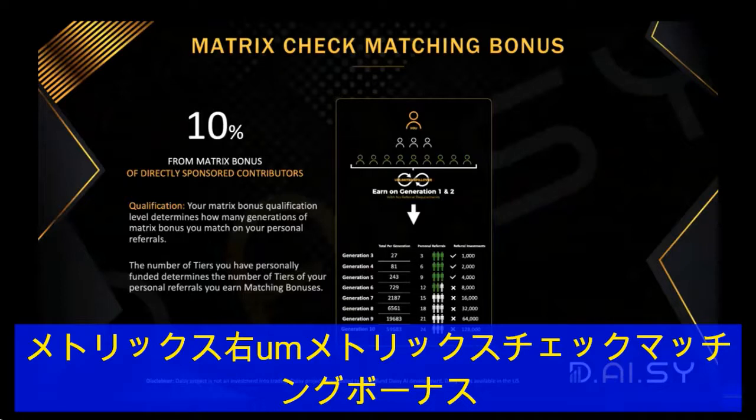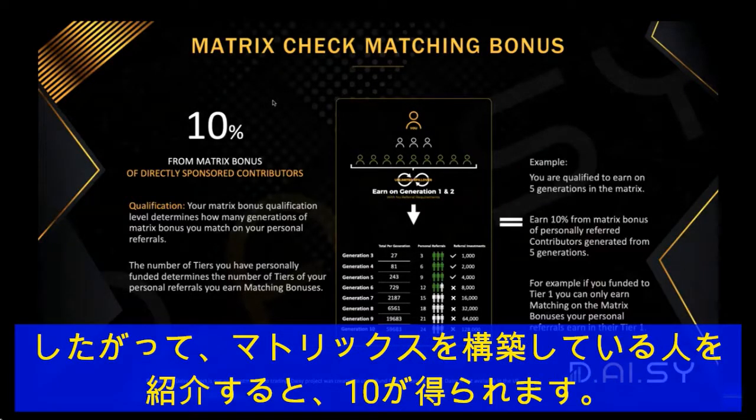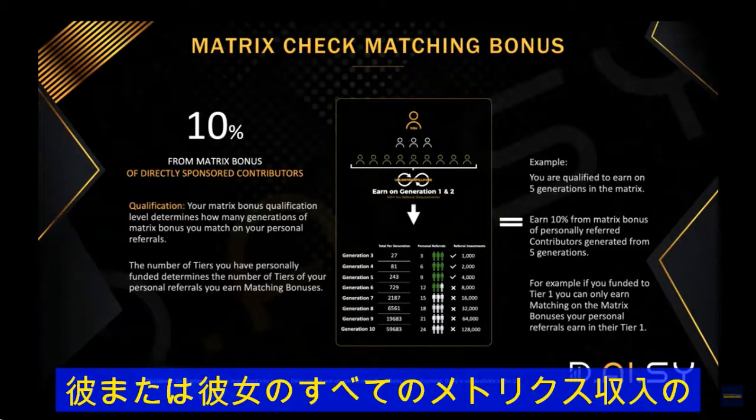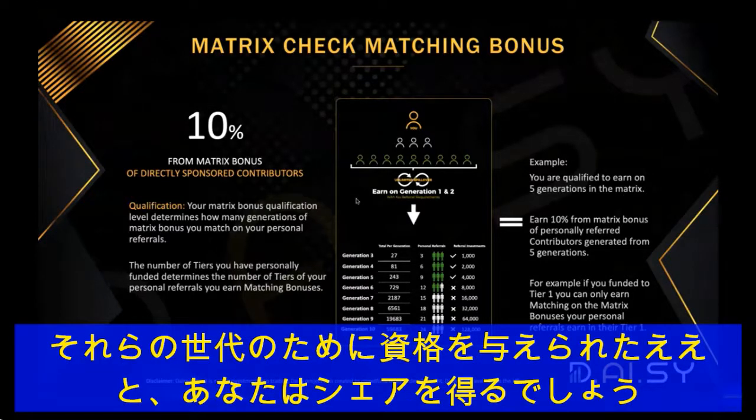Matrix check matching bonus. So if you refer someone who is building his or her matrix, you will get 10% of all his or her matrix income. However, you have to be qualified for those generations you will get a share from.